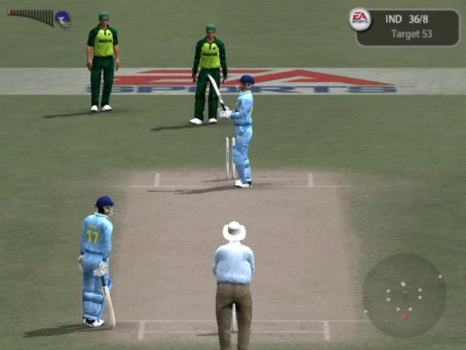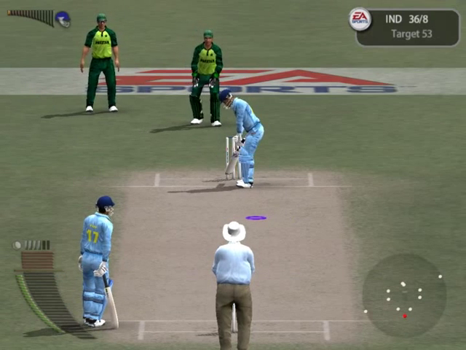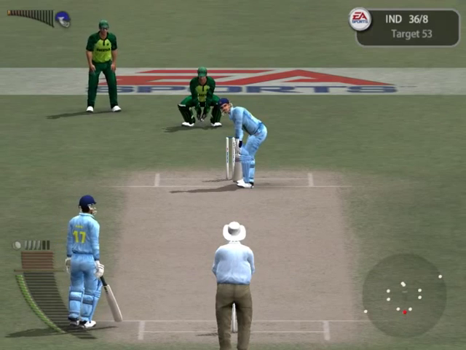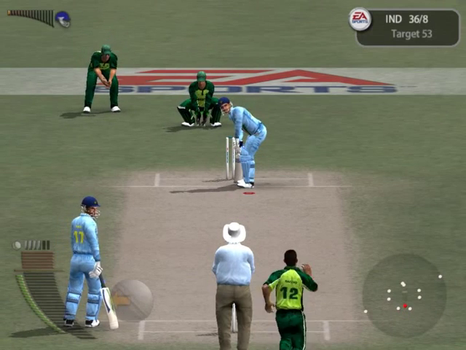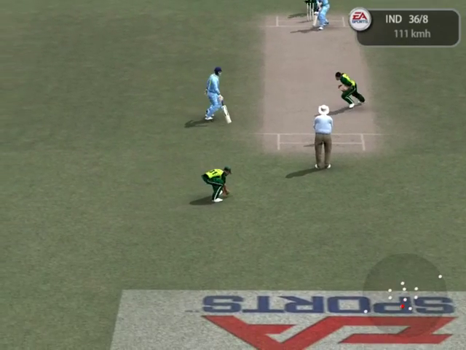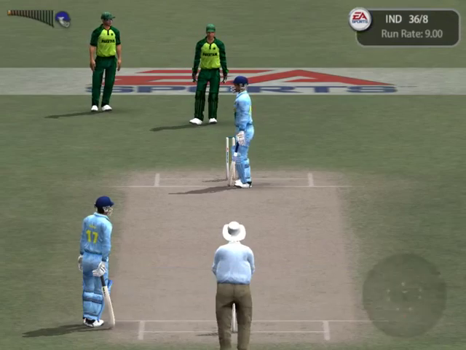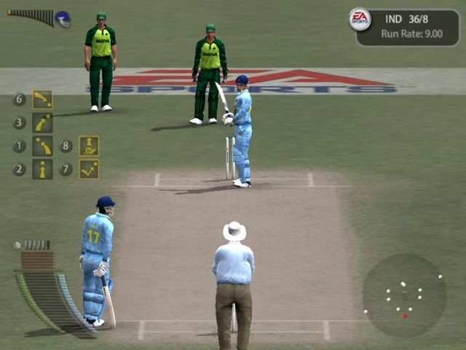Abdul Razak to Agarkar. Stopped by Imran Farhad.